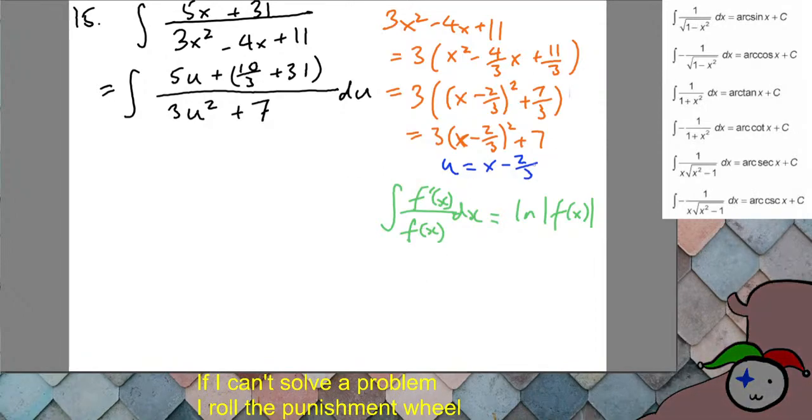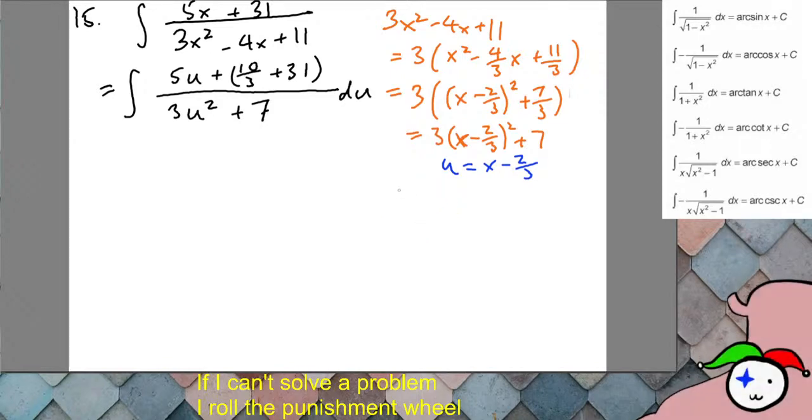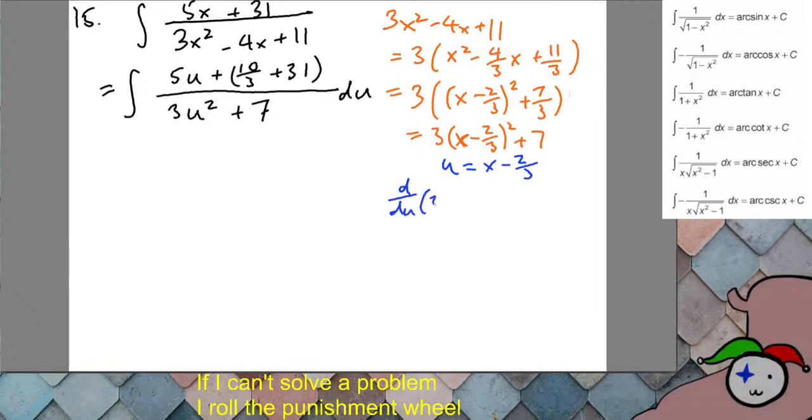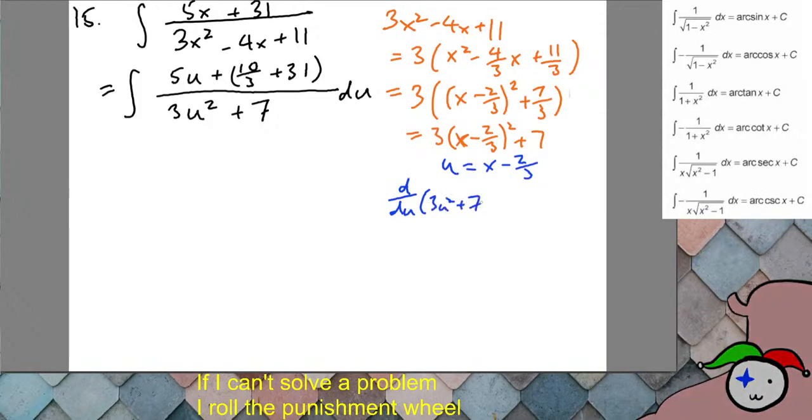So what is the derivative of 3u squared plus 7? It is 6u.